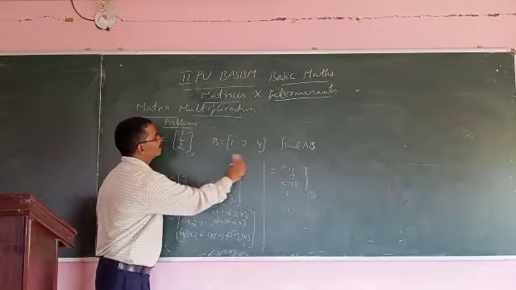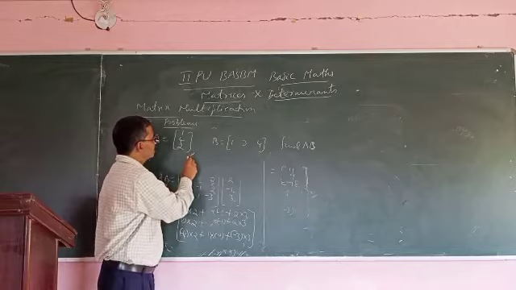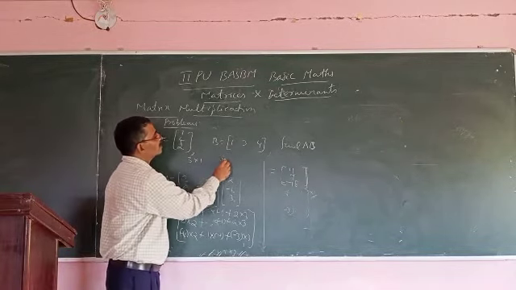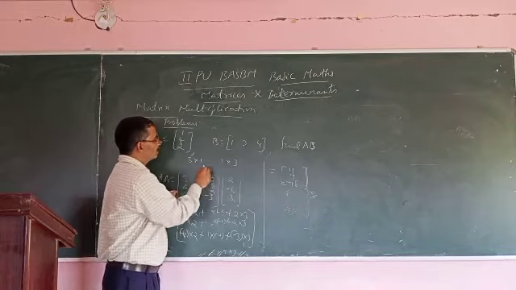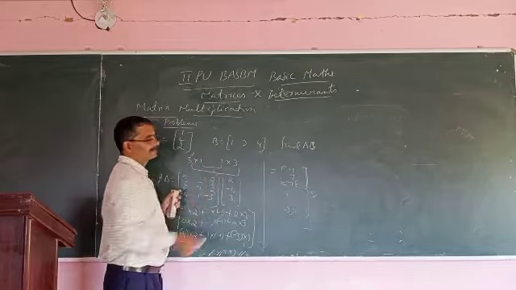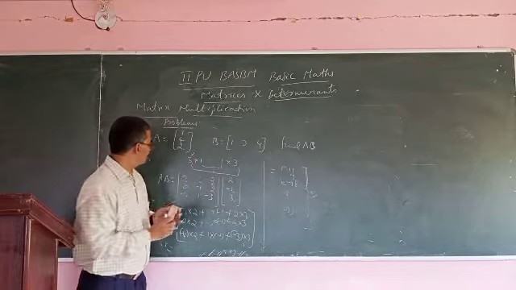Again let us check the order. This is 3 cross 1 order. This is 1 cross 3 order. Multiplication is possible because they are equal. The result should be 3 cross 3.